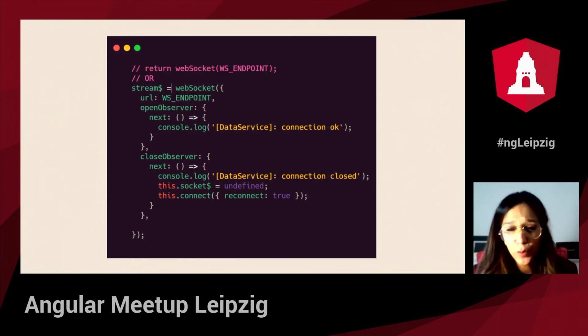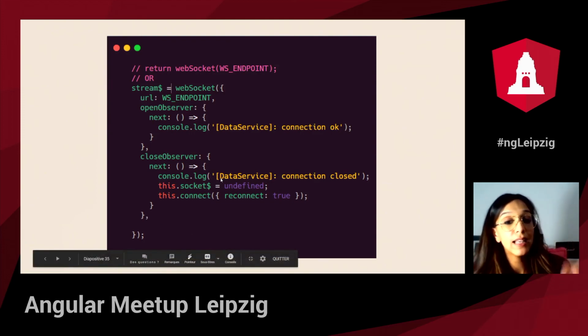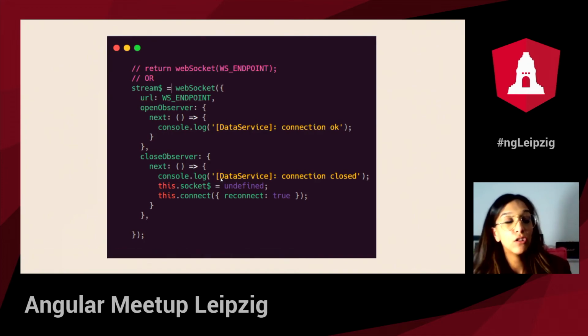There are many properties in this subject that you can override, and you can register callbacks to some events. A very helpful thing here is on the closure of the WebSocket, reconnecting again, because of the real-time world.